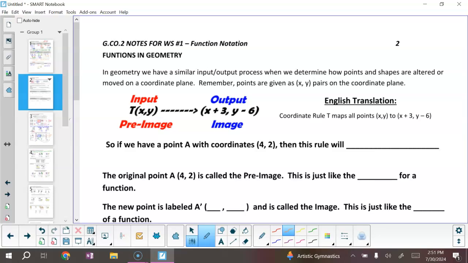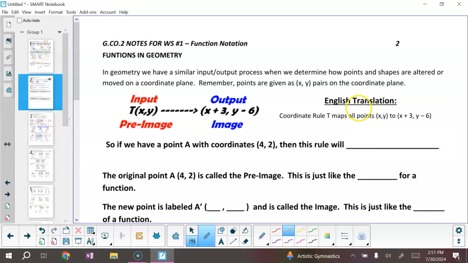So you can see how they wrote in here x plus 3 and y minus 6. What those are going to do is make your points move. Depending on how they write it here, whether you have a plus or a minus and then the numbers, that's going to determine how it moves. What direction does it go?